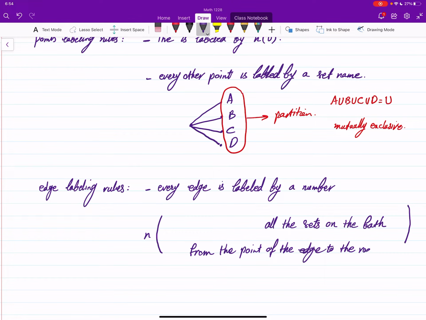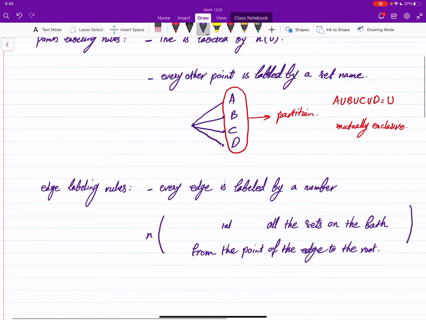Along the way, whatever sets you see, you take the intersection of those. Find the number of elements of that intersection, and that gives you the label for the edge.